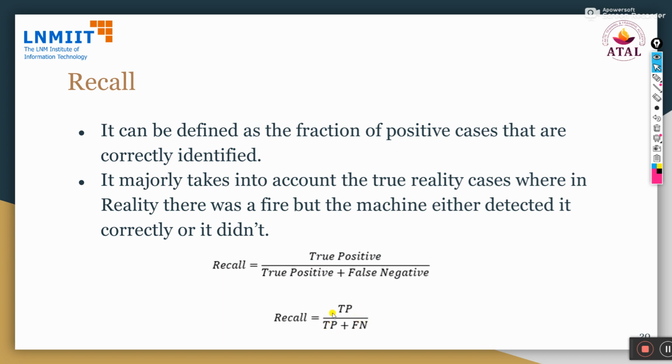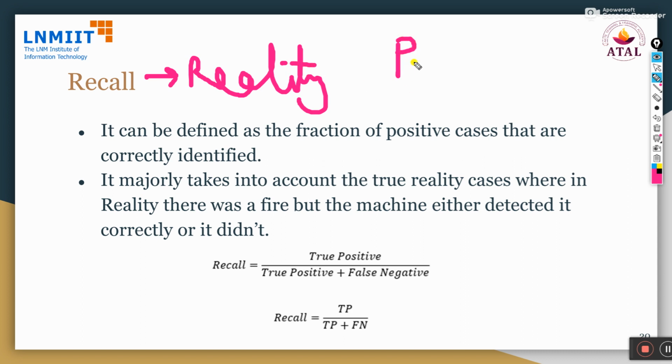So recall we can also think of in such a way that recall is going to correlate with reality, whereas precision is going to correlate with prediction.